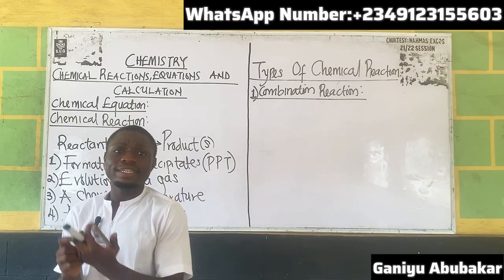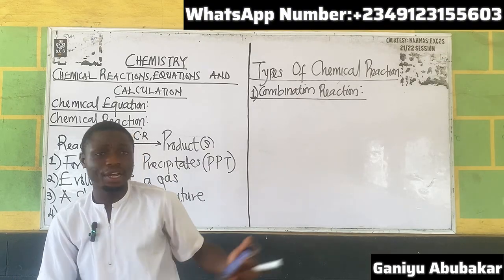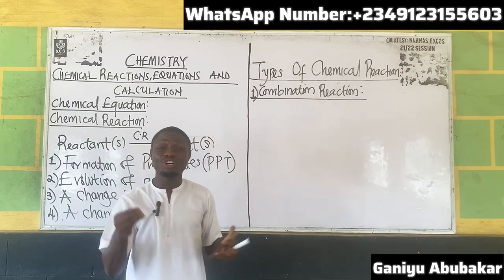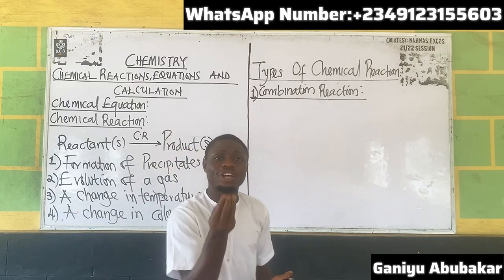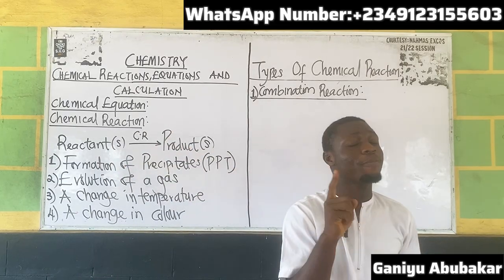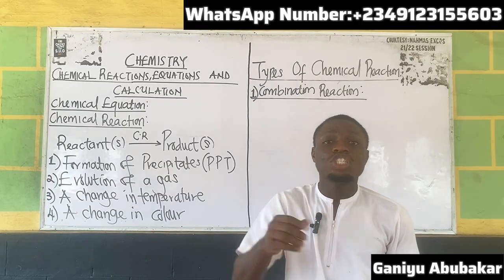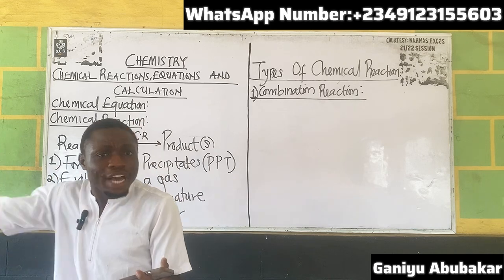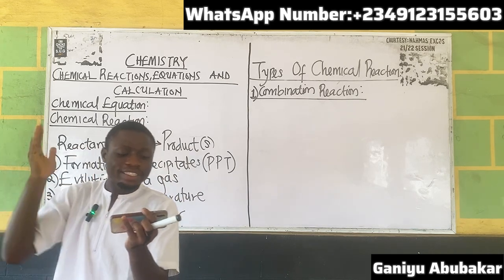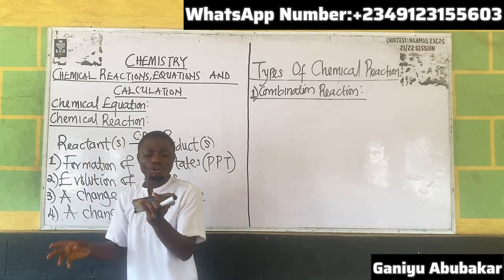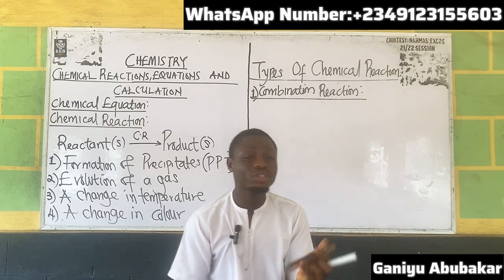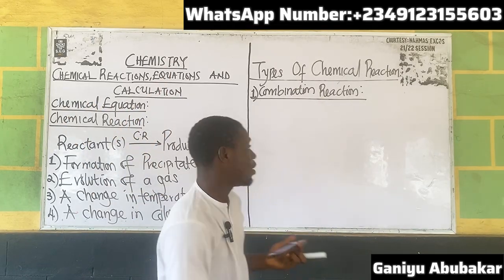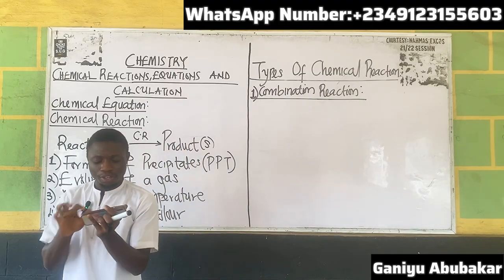It means that kind of expression becomes a chemical reaction, a combination reaction. How do you spot out a combination reaction? It's easy. You'll be having smaller ones combined to give a bigger one. In that case, that becomes a combination reaction.